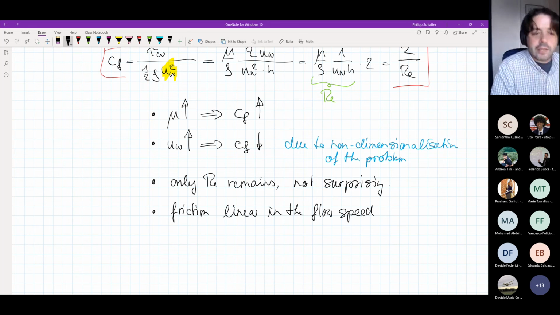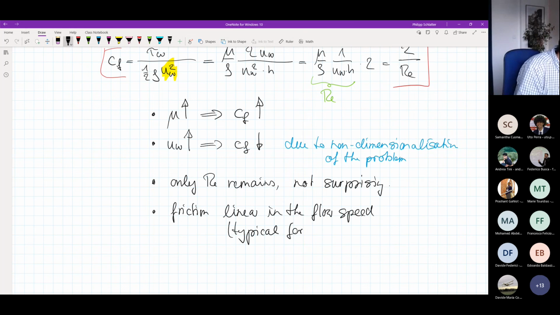So if I double the speed, the friction will change linearly, and as I said, this is an expected behavior, typical for laminar flows. Again, keep in mind we're talking about CF now. The actual friction needs to be multiplied with the velocity squared.